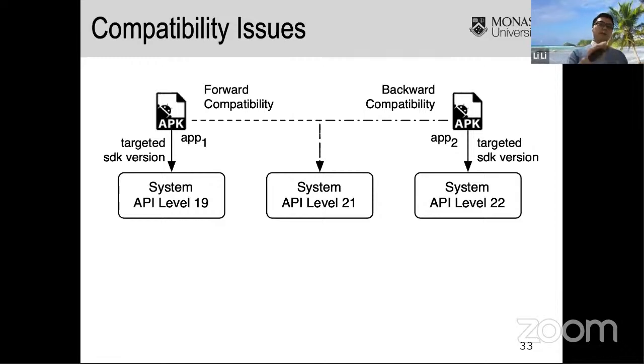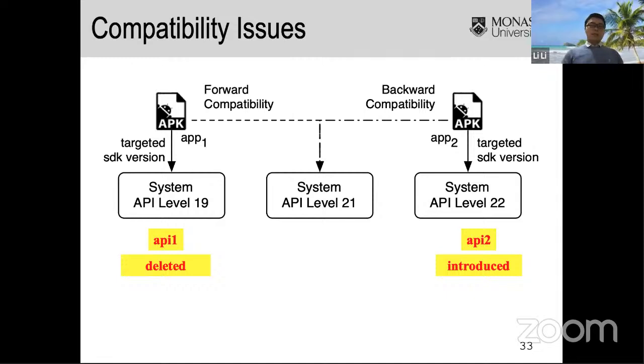App 1 is developed targeting the Android system API level 19, while App 2 is developed targeting the system API level 22. And there is an API called API 1, just deleted after the system API level 19, while API 2 is just introduced in the API level 22, right?